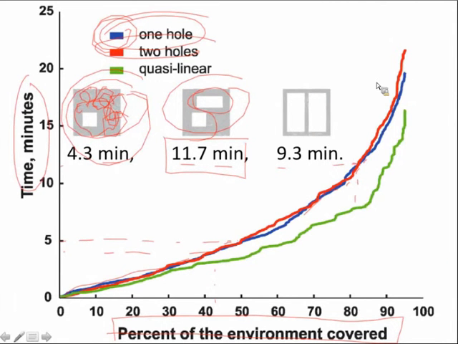But we don't need 100% coverage. That's one thing about the 2012 paper: since they were looking at the formation, they didn't need 100% coverage. With the green one, that was in about 9.3 minutes, and you can see maybe a little bit less than 9.3 minutes.